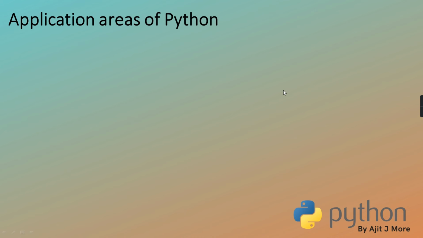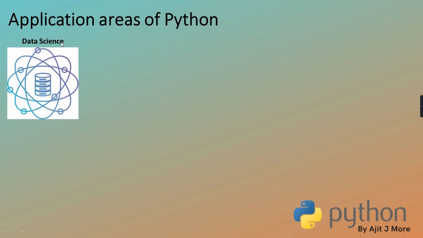If you are good in web development, you can select that track. If you are good in mathematics, you can go to the analytics part. If you're good in statistics, you can select that path. That is a later part, but at least you'll get an idea where Python is explored. The first area is the field of data science.